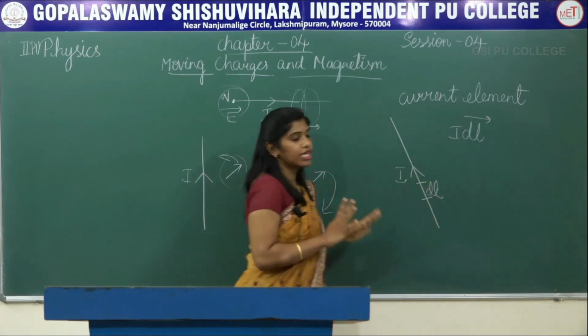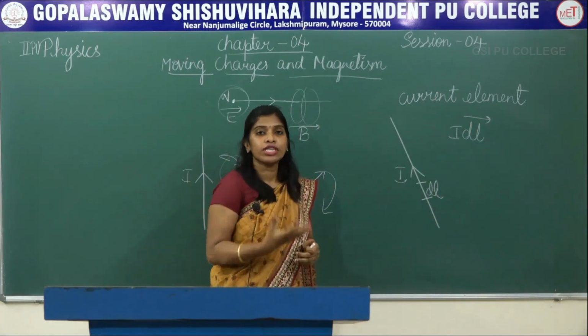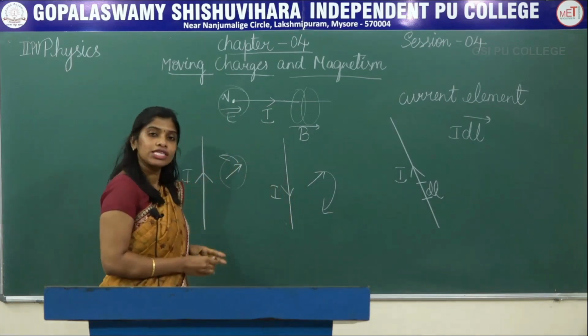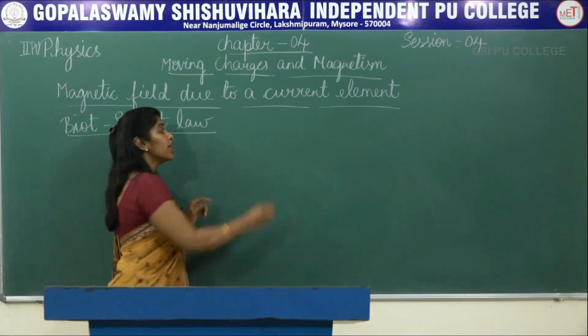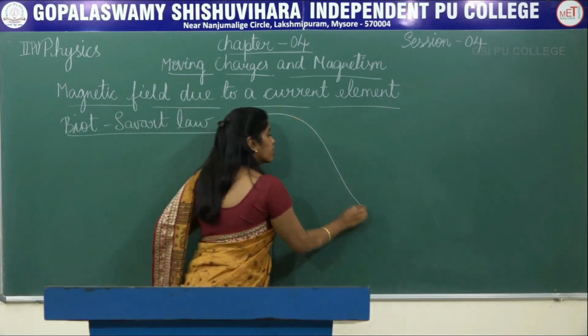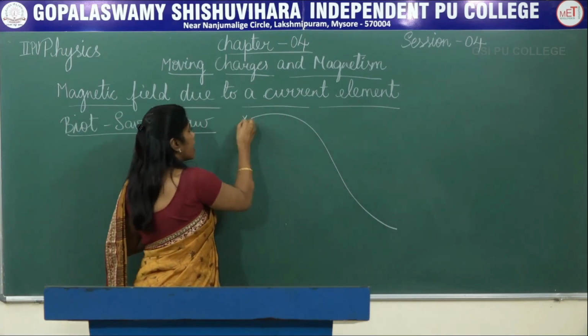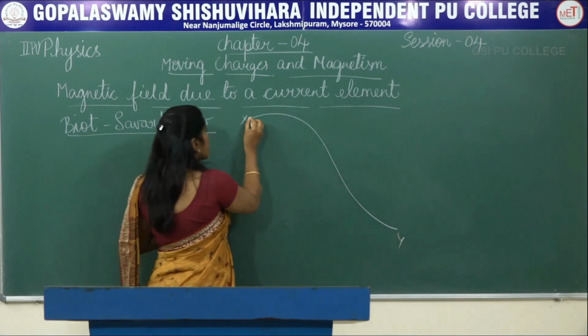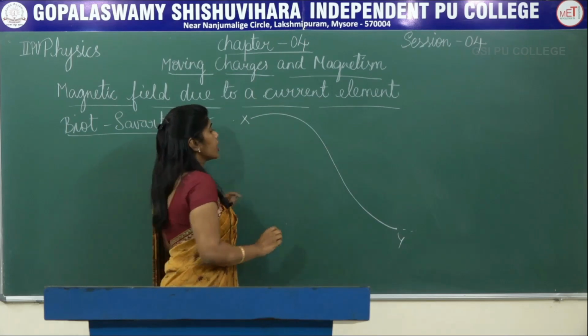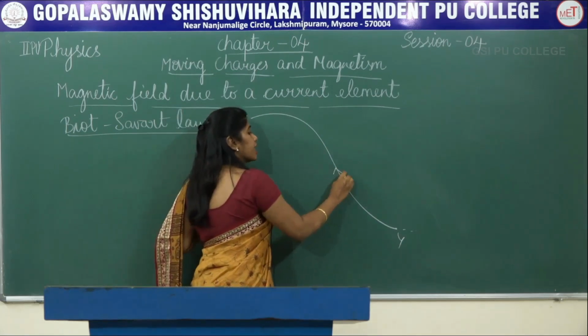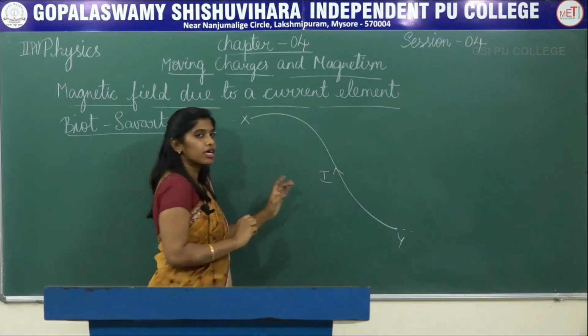Now keeping all these things in mind, let us see what Biot-Savart's law says. Coming to Biot-Savart's law, first I am going to consider a conductor XY of infinite length. In this conductor, this is the direction of the current.